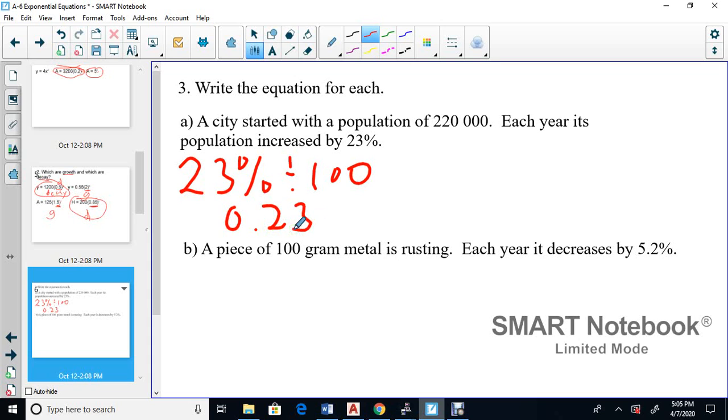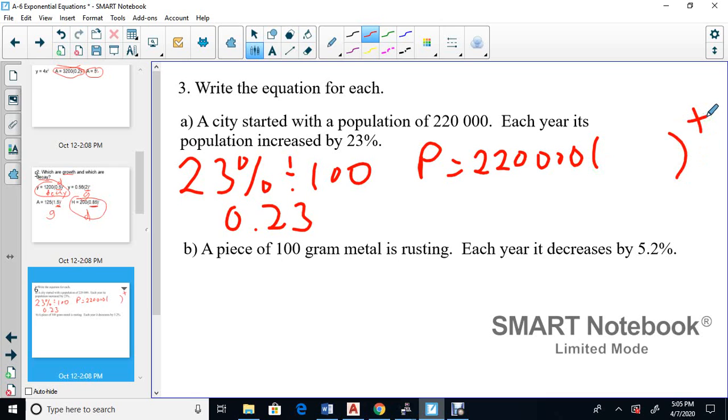Here's how we do the equation. P for population equals our starting value, 220,000. Then we put a bracket, and each year, T for time.